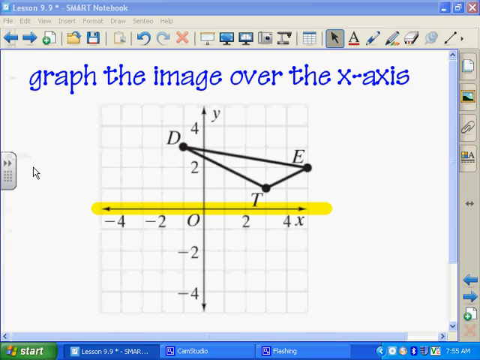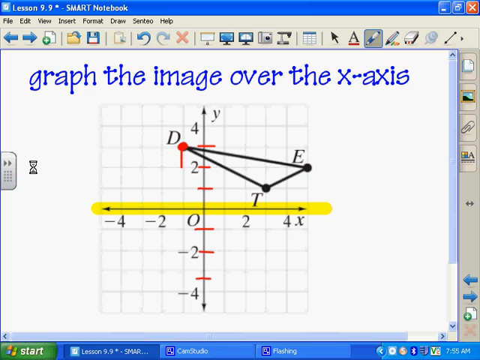This is at point 3. So I'm going to go down 3 spaces. 1, 2, 3. And then I'm going to go 3 more. 1, 2, 3. And I'm going to make a dot. This is D prime. So I went 3 to get to my x-axis, and I'm reflecting it over 3. So it's an equal distance away from the x-axis.